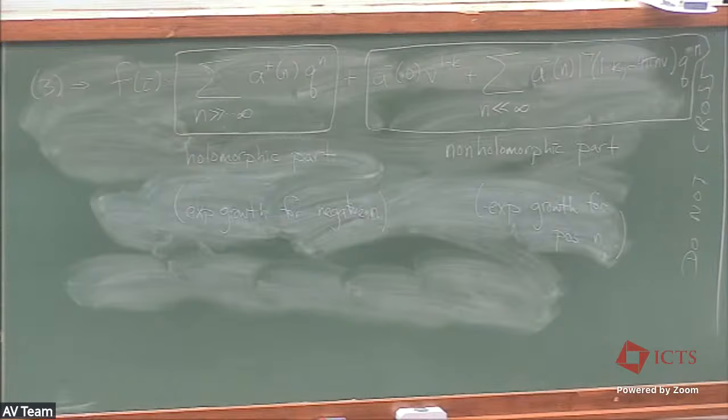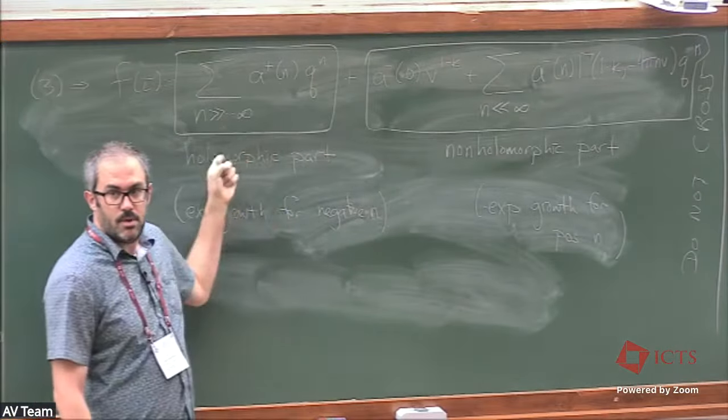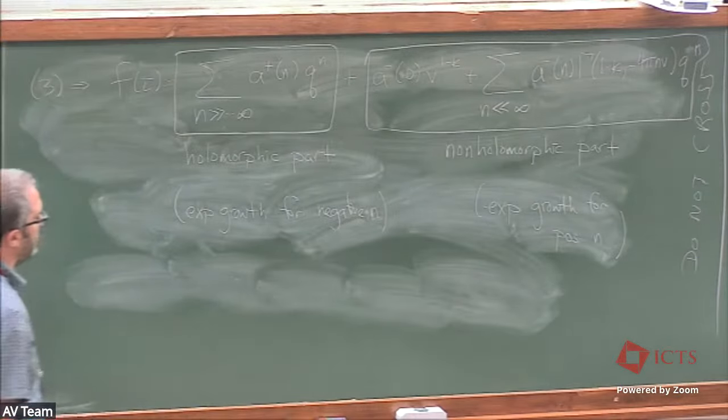Okay. So I'd like to classify harmonic Maass forms based on the behavior of these two parts, the holomorphic and non-holomorphic parts.